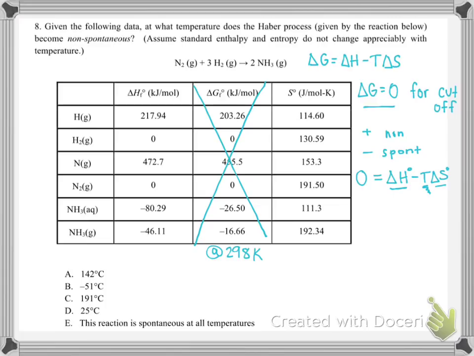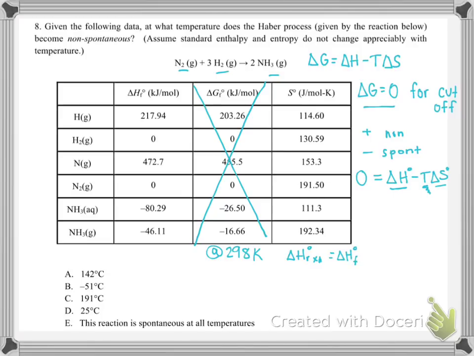Okay, so what they give us are delta H's of formation for each of these individual molecules. So what we're going to have to do is get an overall delta H of reaction by doing products minus reactants.